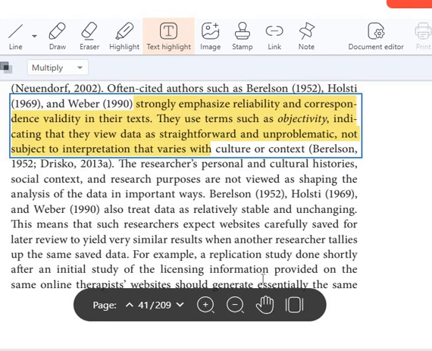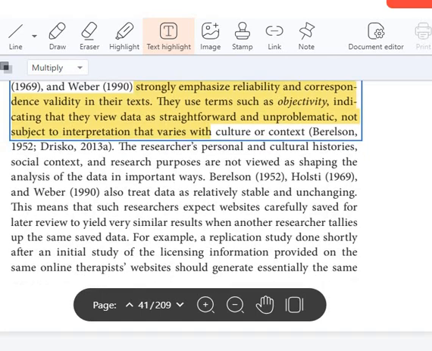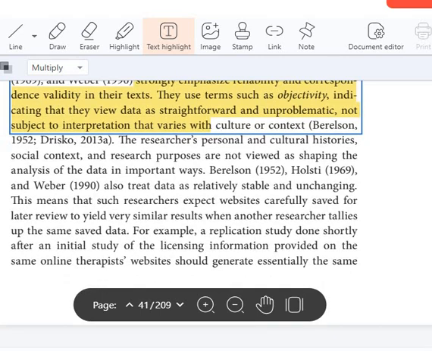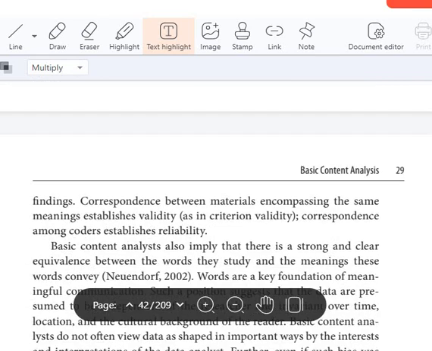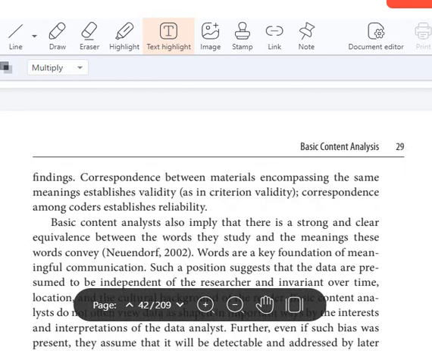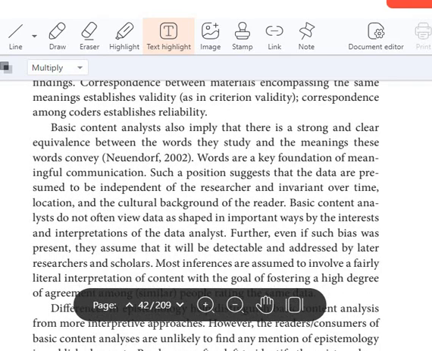Okay? Now, another thing to mention here is that some differences in epistemology distinguish basic content analysis from other types or approaches in content analysis, such as the interpretive one, because of the improbability of having any mention of epistemology in published reports.